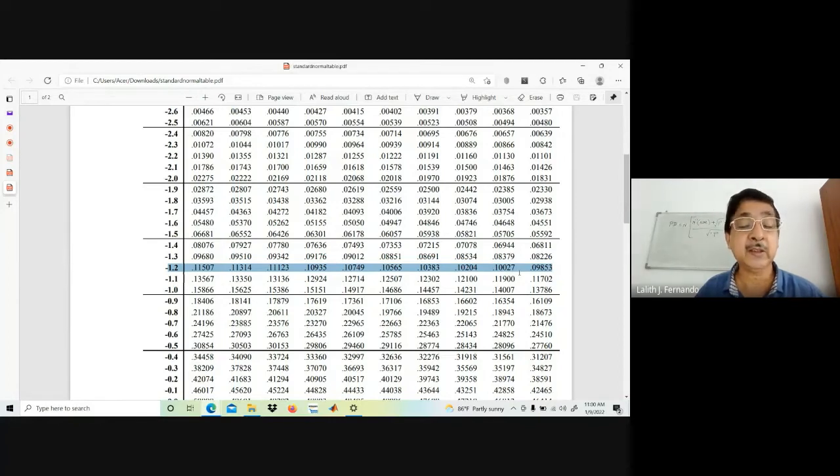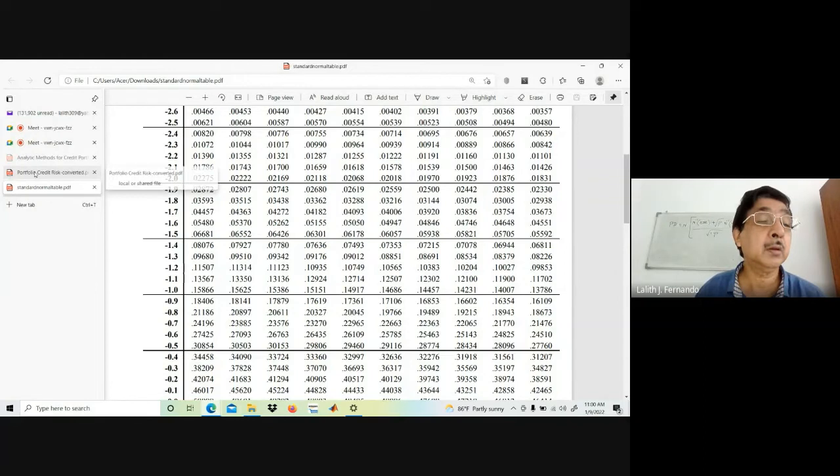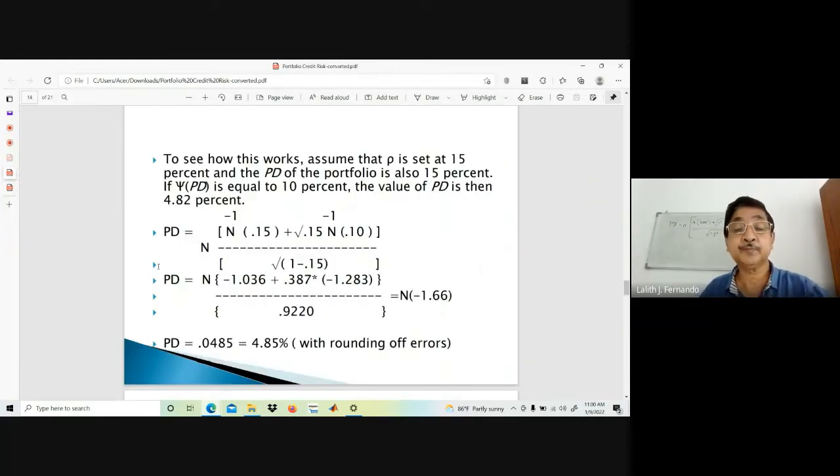But I think there it is given as minus 1.283 or something, no? It is given that way. Then in the denominator you have the square root of 1 minus 0.15, that is the square root of 0.85. That comes to 0.92195, so that is 0.9220. Yes, it's correct.